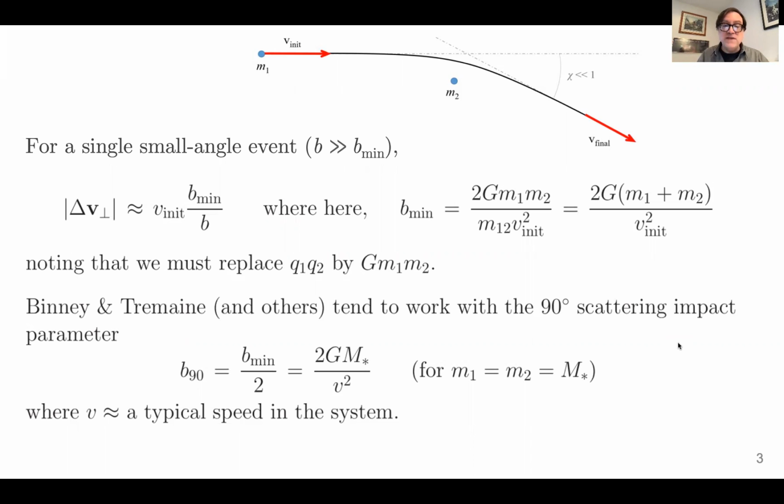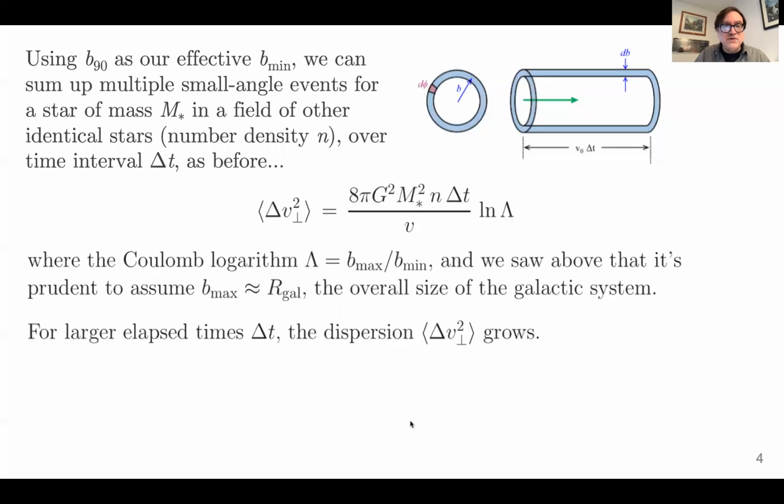They start at this b_90, which simplifies the definition as well. For two equal mass bodies, our b_min would have been 4GM over v squared, so it's just 2GM over v squared. That's just a factor of 2 in the definitions.